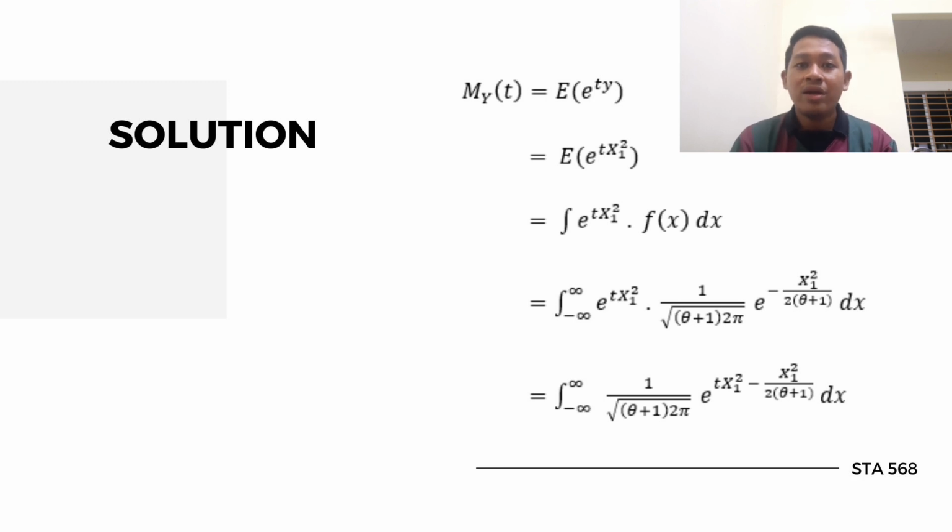Then we can combine the powers of e to get e to the power of t x1 squared minus x1 squared over 2 times theta plus 1.